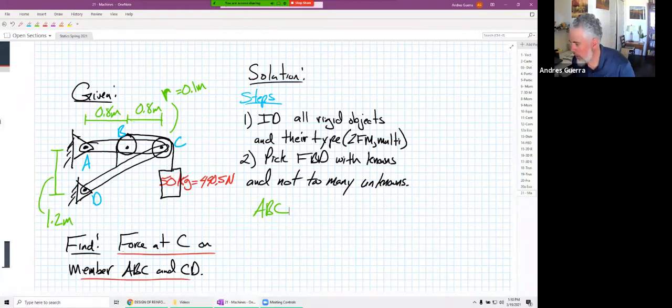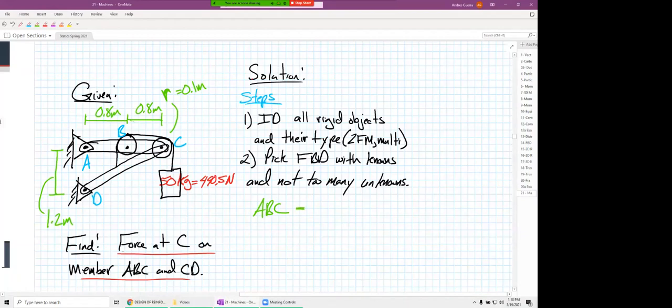I saw Max in here. I saw his picture. Okay, let me go up the list then. How about Spencer? Spencer, I know is here. What kind of object is ABC? Is it a 2-force or is it multi-force?